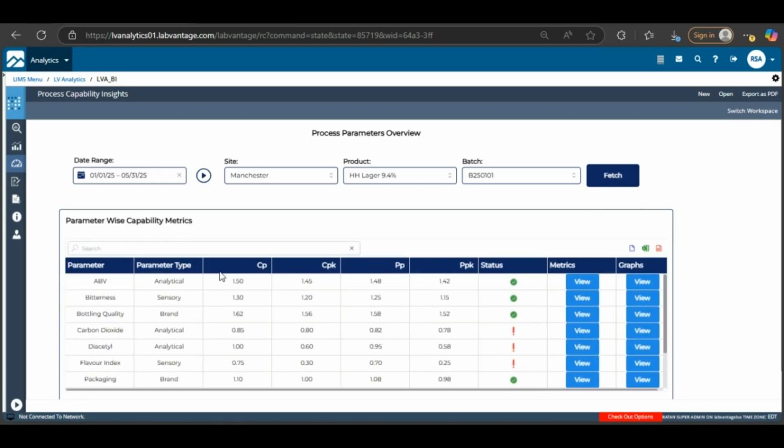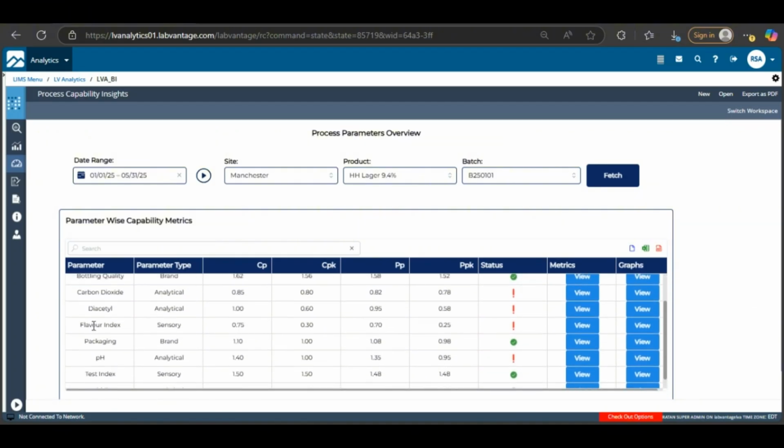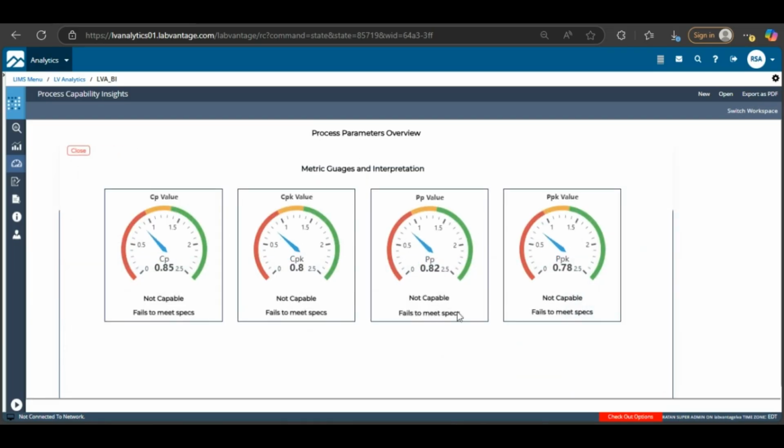In this case, we see that 4 parameters: carbon dioxide, diacetyl concentration, pH, and flavor index, are showing signs of potential process instability. To assess this, we look at the capability indices, CP and CPK, and compare them to standard thresholds.